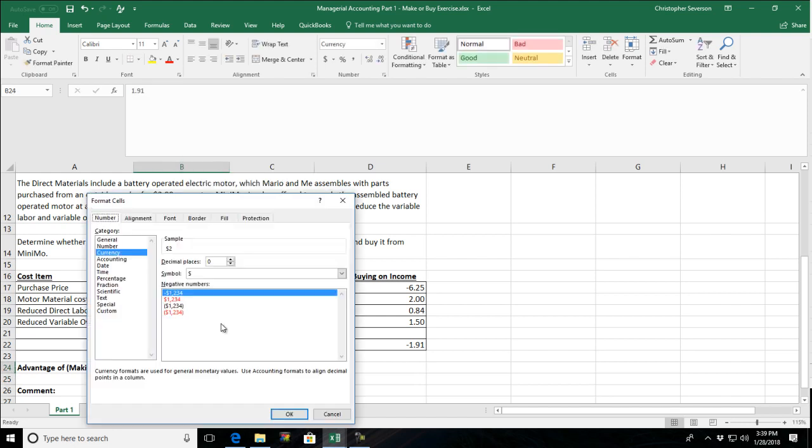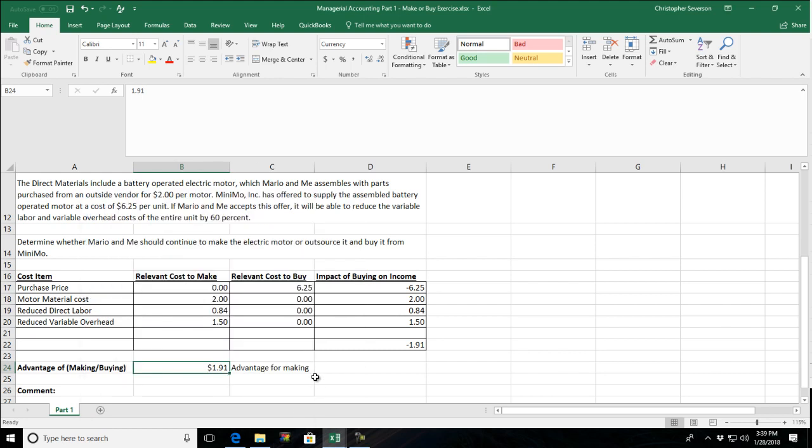Again, we have to turn this into a positive so we can see the full number. So by making, we're saving $1.91, which is another way of saying by buying, we're spending $1.91 more. So here they've decided to continue making the product, which saves them a little bit of money.